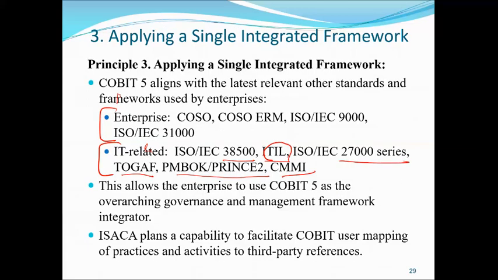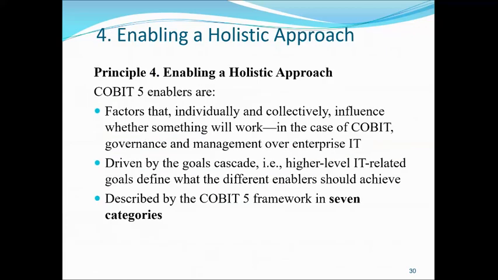The majority of the enterprise and IT-related content in the other standards is covered in COBIT 5. COBIT 5 enablers are factors that individually and collectively influence whether something will work, in the case of COBIT governance and management over enterprise IT, driven by the goals cascade, the higher-level IT-related goals.